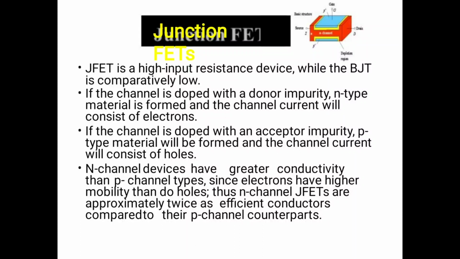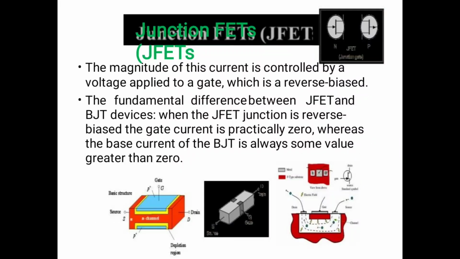N channel devices are greater in quantity than p channel types since electrons have higher mobility than holes. Thus the n channel is approximately twice as efficient a conductor compared to its p channel counterpart.